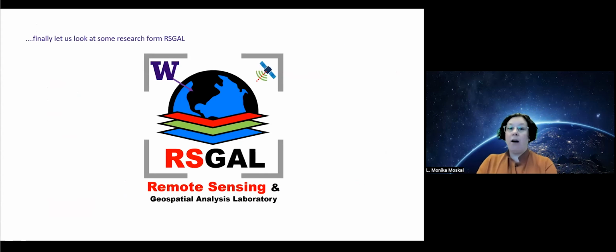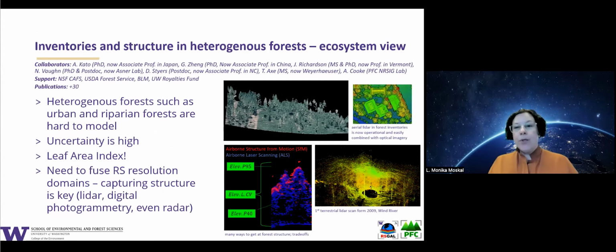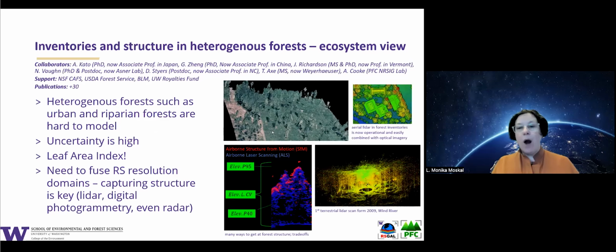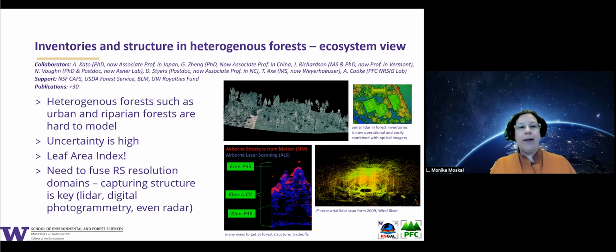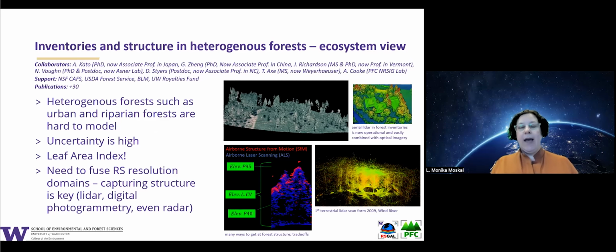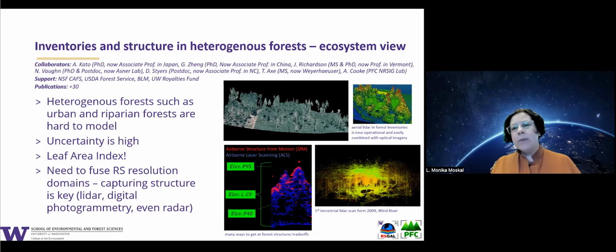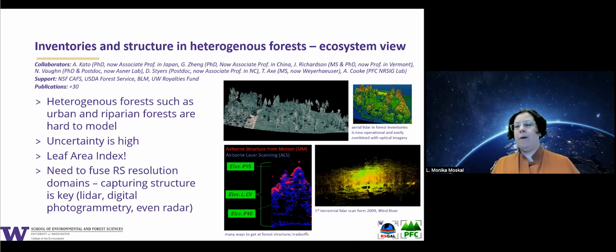Okay, let's talk research. So I've given you sort of background, what I do, how I think about remote sensing, and now I want to tell you some of the things that my lab has done over the last 20 years. One of the bigger projects that we still work on is inventories and looking at structure, specifically in heterogeneous forests.